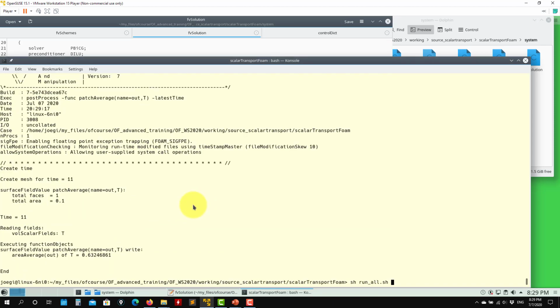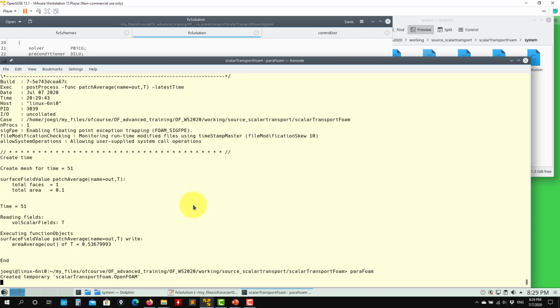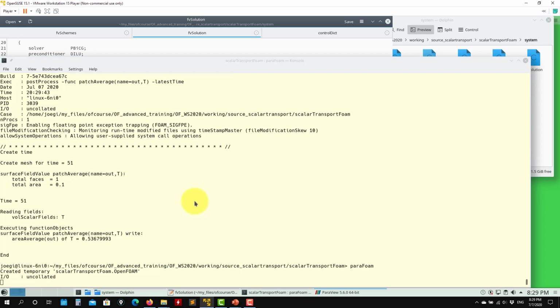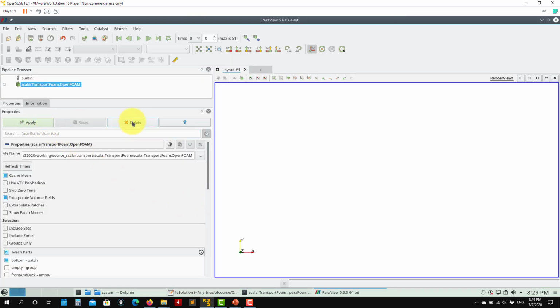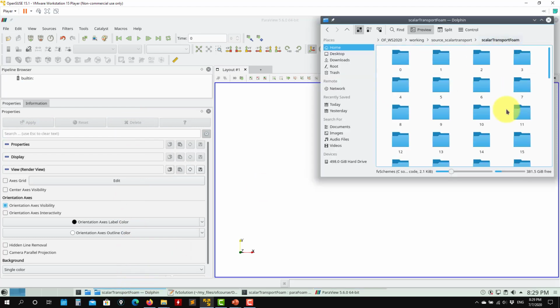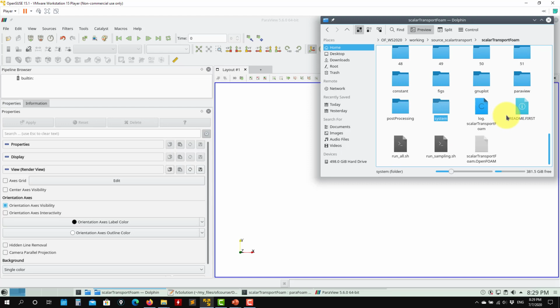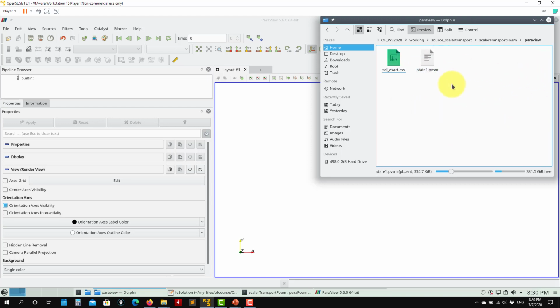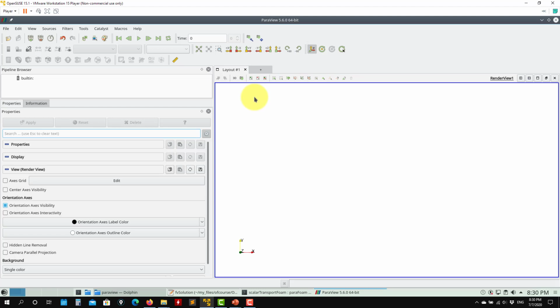So let me rerun, and let's visualize this solution. Okay, I will press delete, and I will just let you know also, when you open a folder and you see here a directory called ParaView, usually here you will have this state. This state means that you have a ParaView state that will replicate how I want to visualize it.